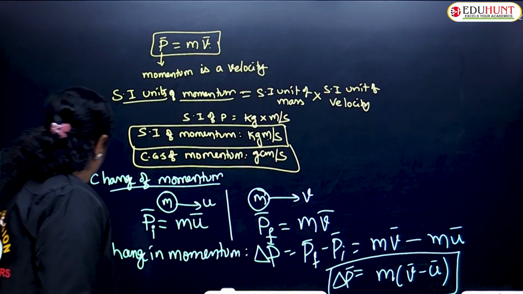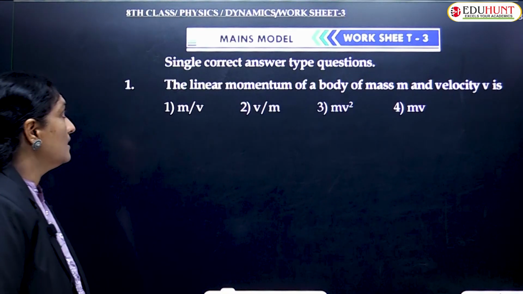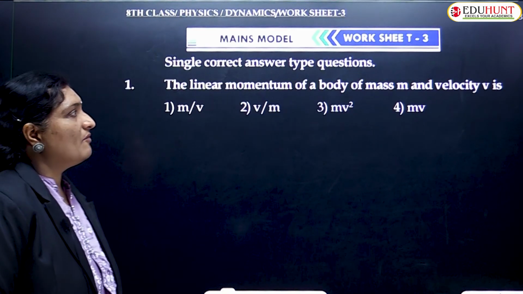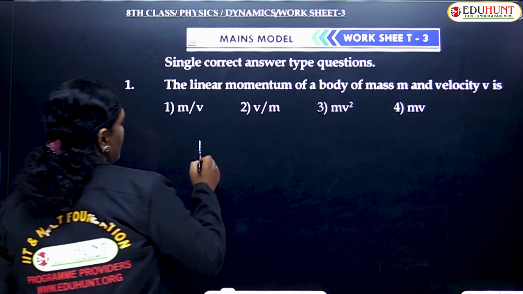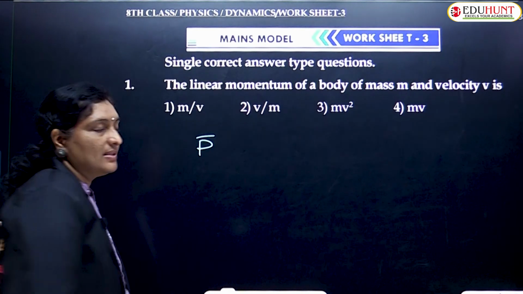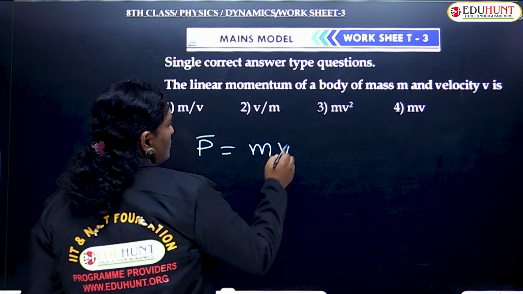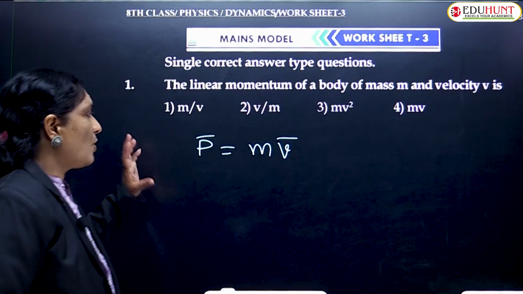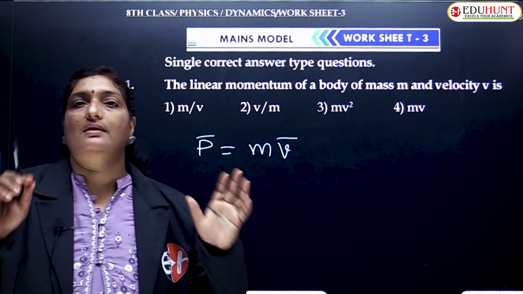Here goes the first numerical from worksheet number 3. The linear momentum of a body of mass m and velocity v. So linear momentum, what is that, children? Linear momentum is indicated with the letter P. P is equal to, what is the formula I told? Mass into velocity. Here the proper representation should have a bar, to indicate it is a vector quantity.